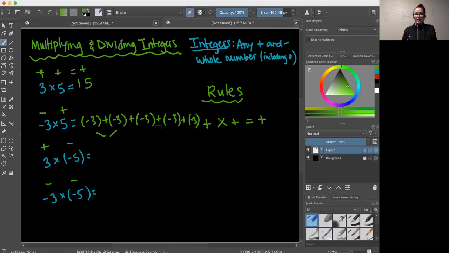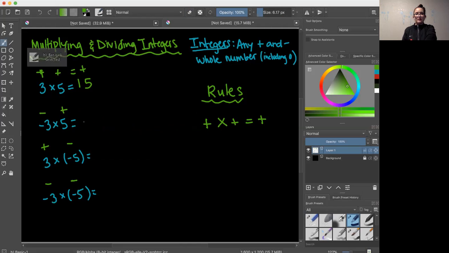Okay, and now the rule. So again, the reason why our answer is going to be negative: 3 times 5 is 15, so I can just multiply the digits, and then my answer is going to be negative because, again, I just showed you the addition sentence. Oh, sorry, I forgot to put the rule over here.